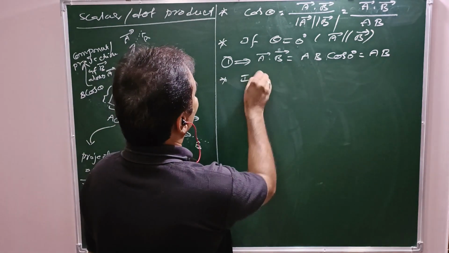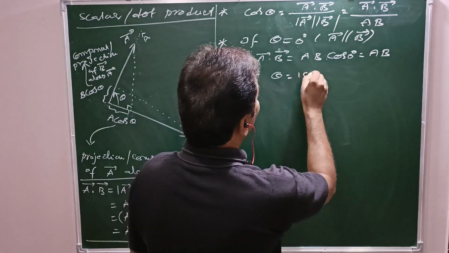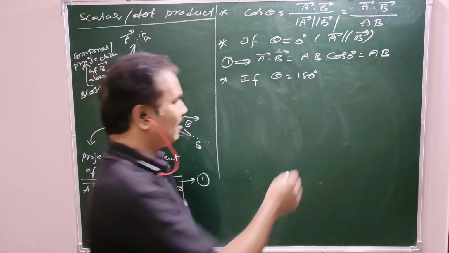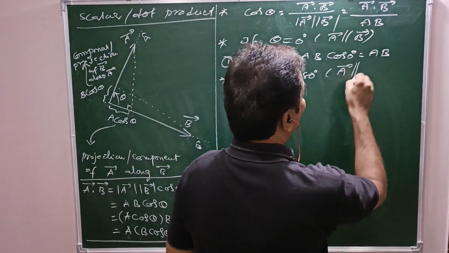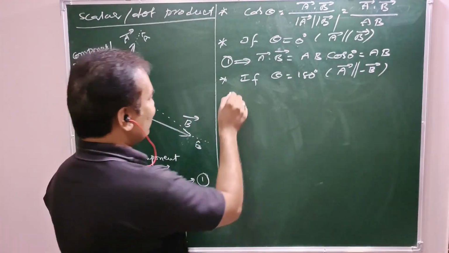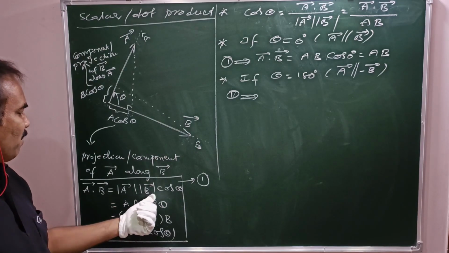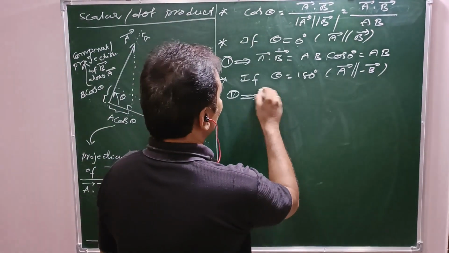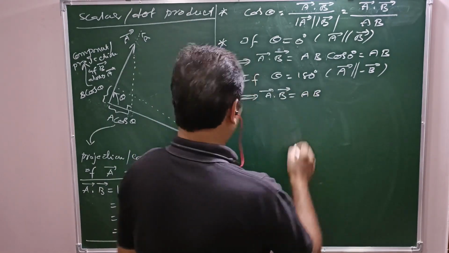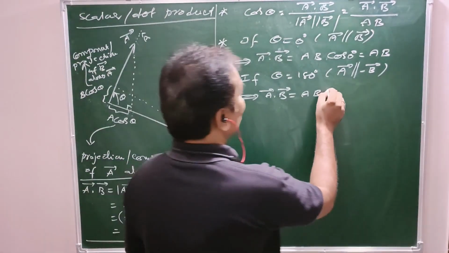Now if theta equal to 180 degrees, suppose the given two vectors A bar and B bar are anti-parallel to each other, that is A bar anti-parallel to B bar. See once again, the first expression implies A bar dot B bar equal to mod A bar mod B bar cos theta, that is A into B into cos theta.